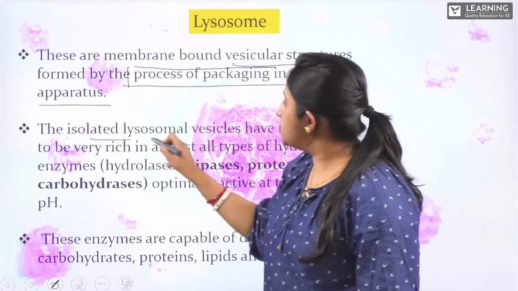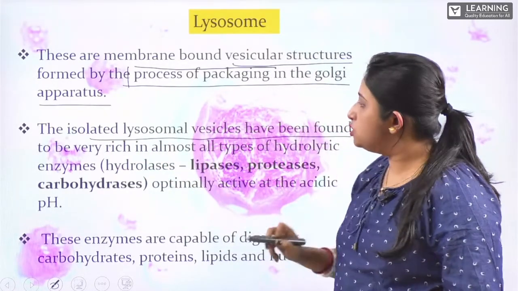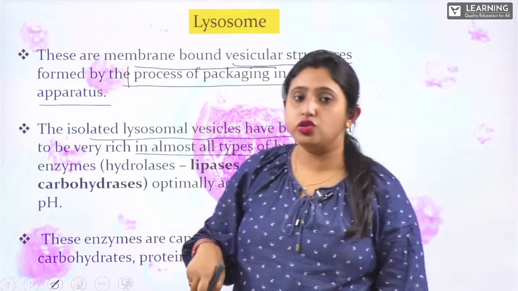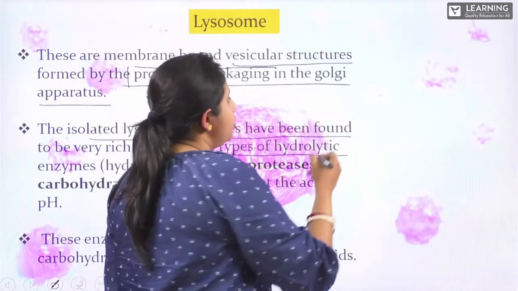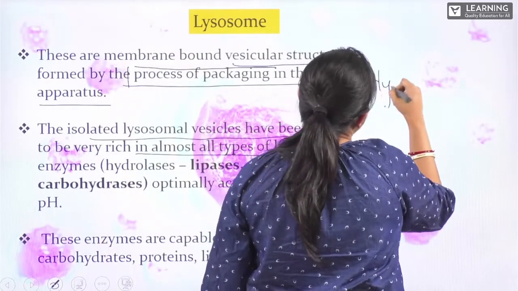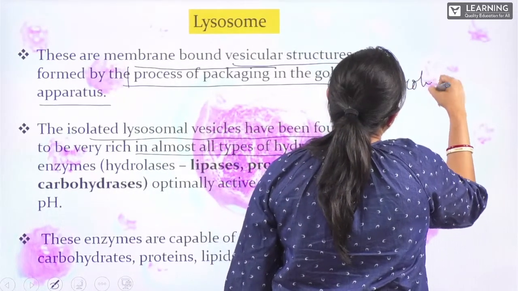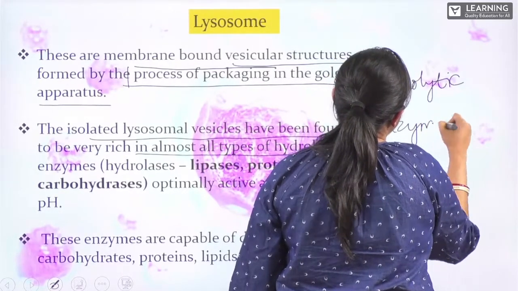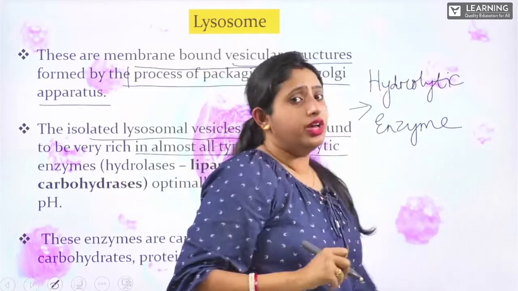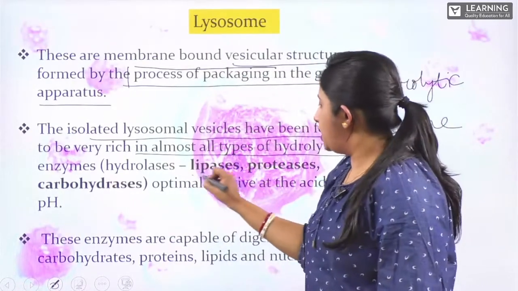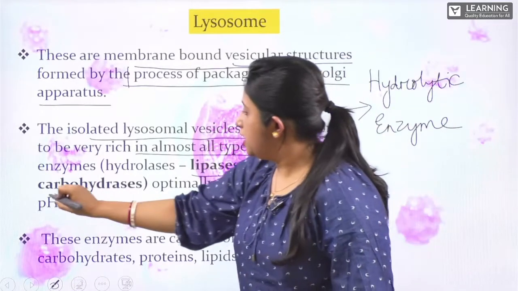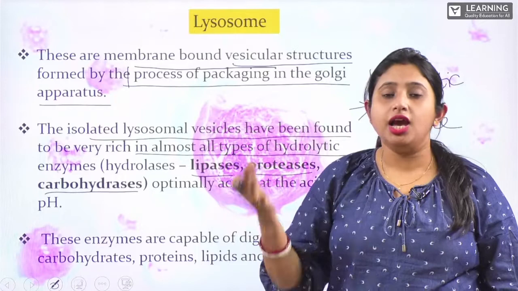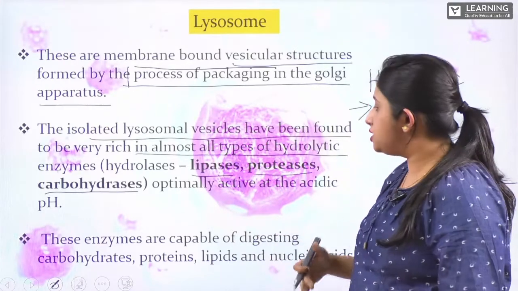The isolated lysosomal vesicles have been found to be very rich in all types of hydrolytic enzymes, like lipase, proteinase, and carbohydrase, which are responsible for the digestion of proteins, lipids, and carbohydrates in our body.